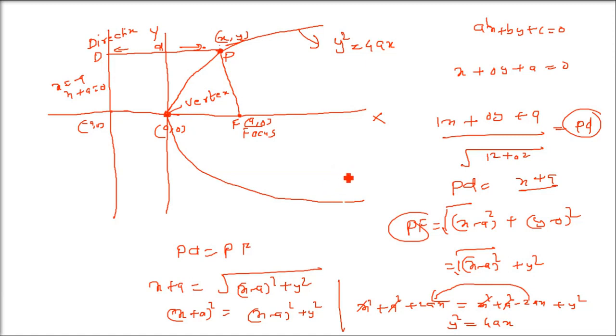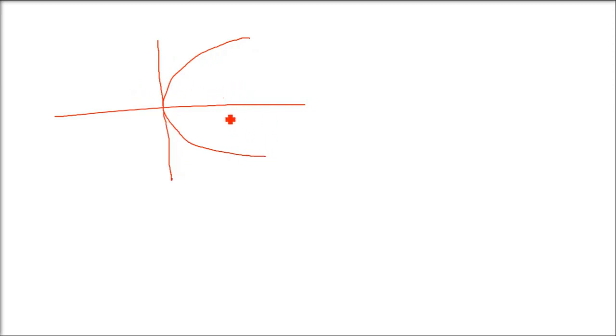Before going to the other equations, let me tell you 2 more concepts here. First is that if you make a parabola, this is the x-axis which is passing through the vertex, of course, and we are talking about the latus rectum.